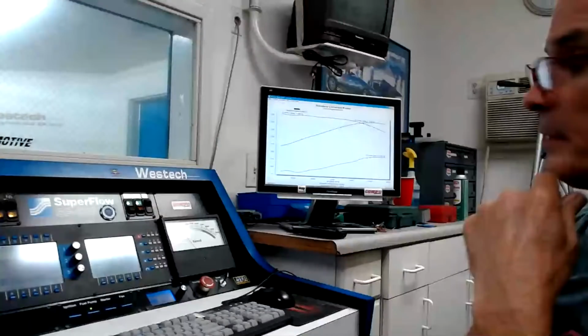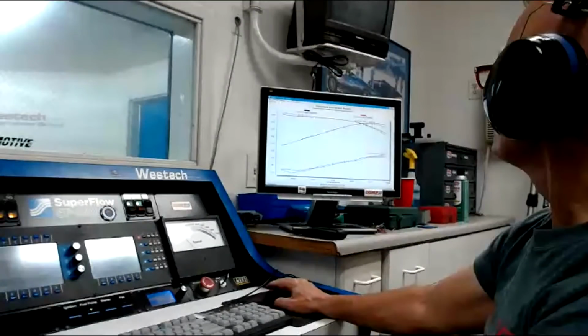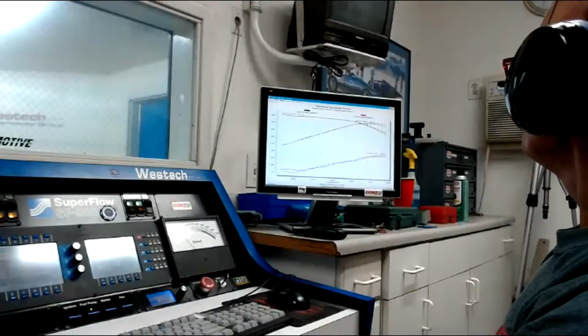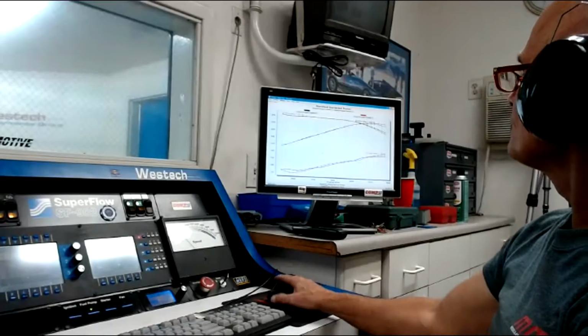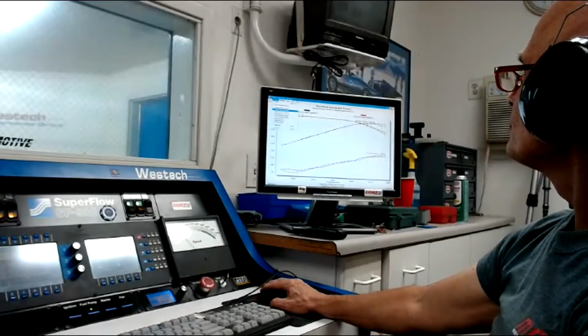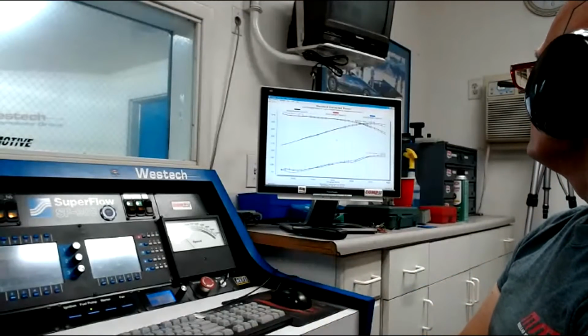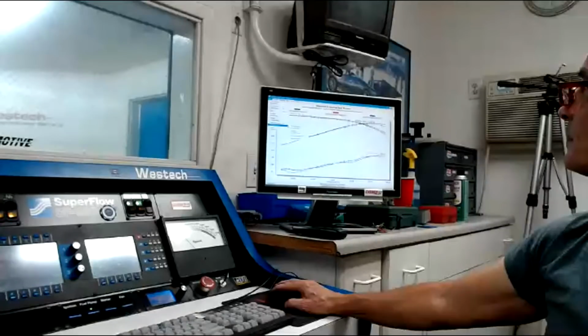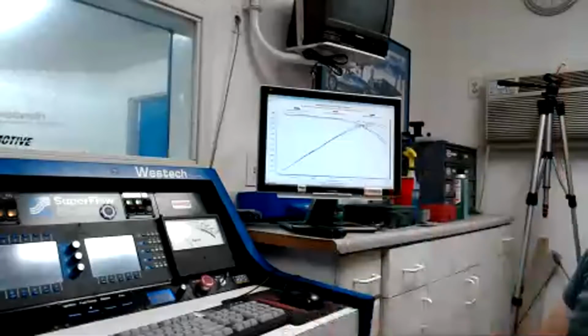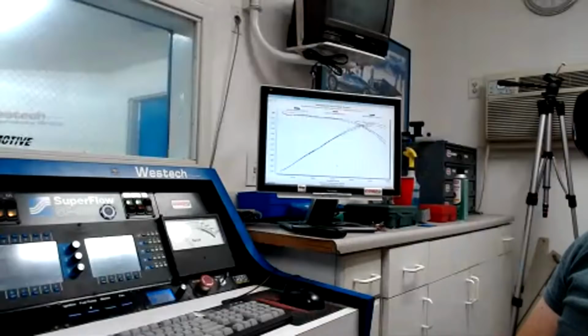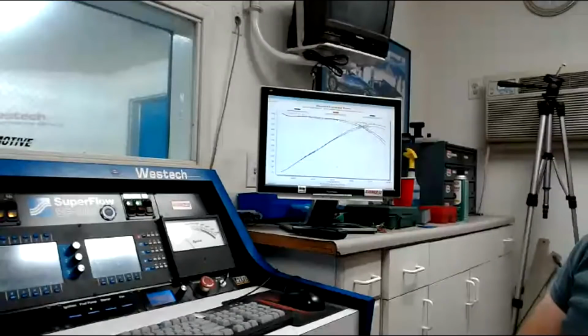Okay, it's showing more boost now, but the weird thing is it's kind of making peak torque during the load in there and not really making a ton more power, despite the fact that we're seeing a lot more boost now than we were.